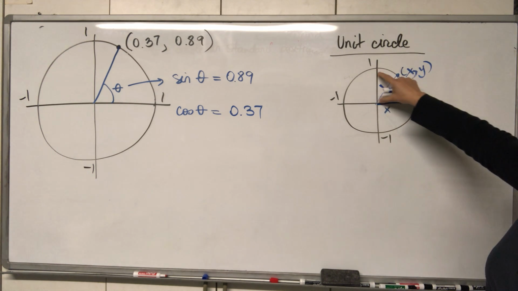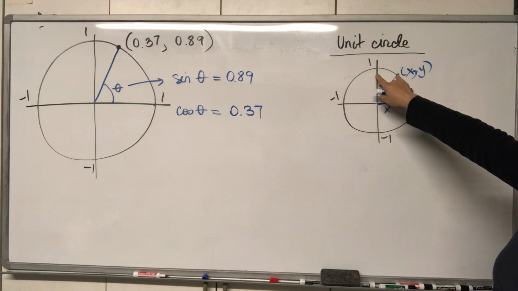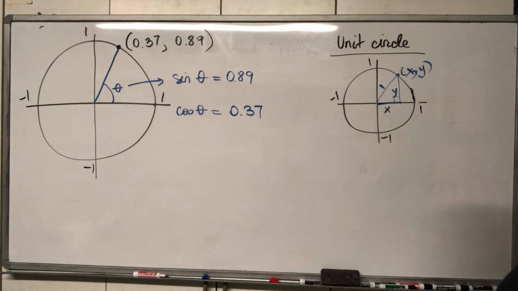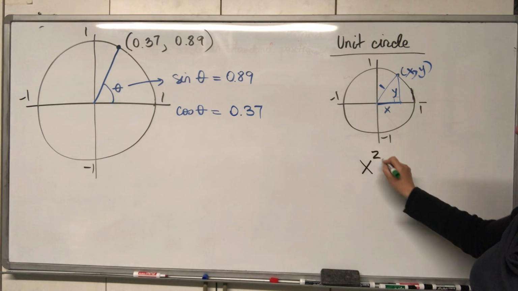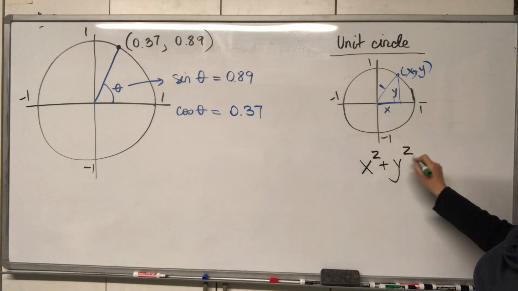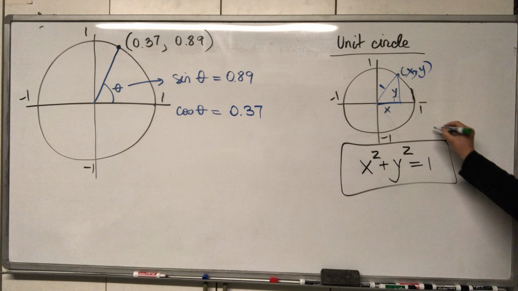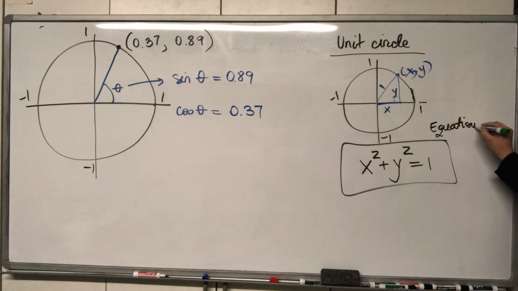From here to here it's a y, right? Because that's the y-coordinate. From here to here is an x because that's how much the x-coordinate is. And the radius is 1. So what does Pythagoras' theorem say about these three sides and this angle? Nothing easier than the fact that x squared plus y squared is equal to 1, right? So that's the equation of the unit circle.